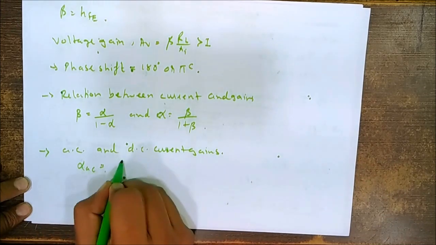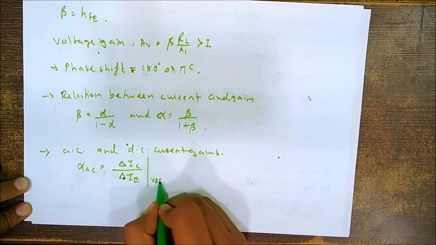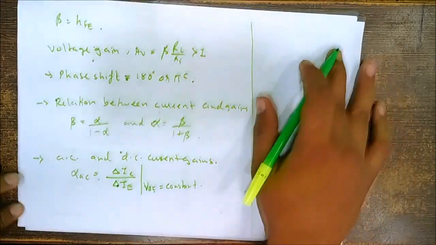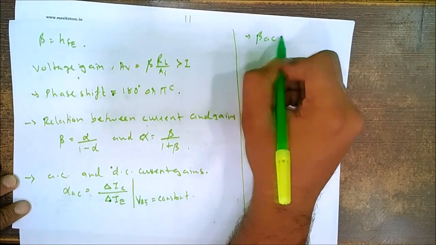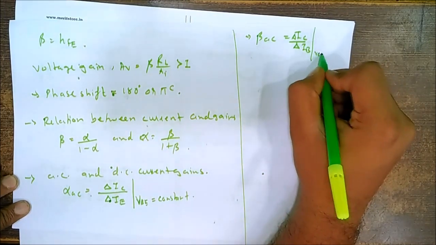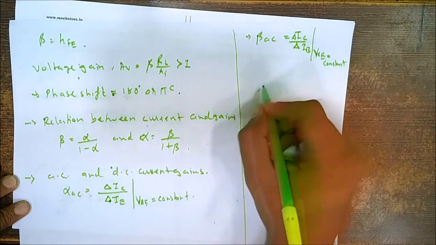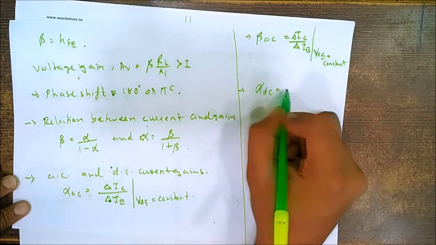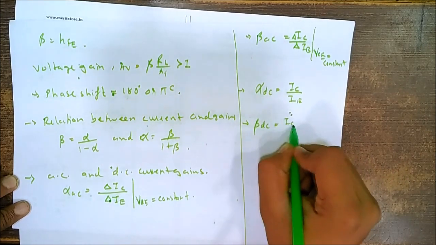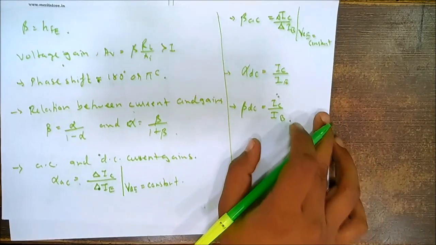Alpha AC is equal to delta IC upon delta IE when VBE is constant. This is important. The next is beta AC is equal to delta IC upon delta IB when VCE is constant. Third is alpha DC is IC upon IE, and beta DC is equal to IC upon IB. We are familiar with these formulas in the chapter semiconductors.